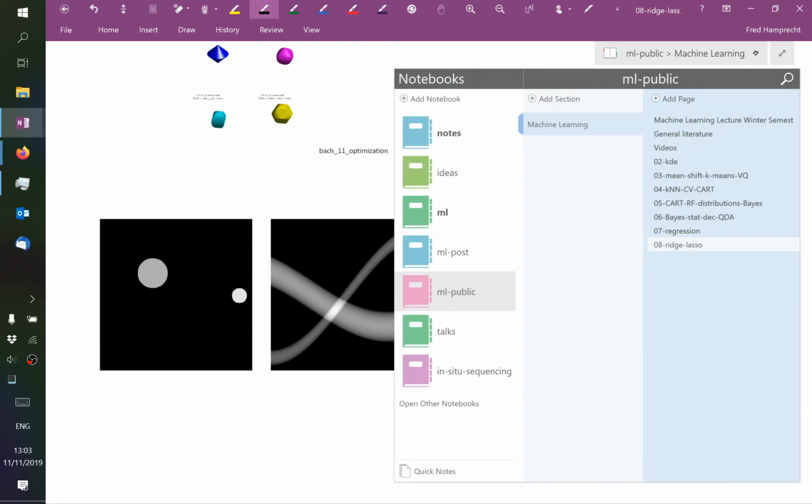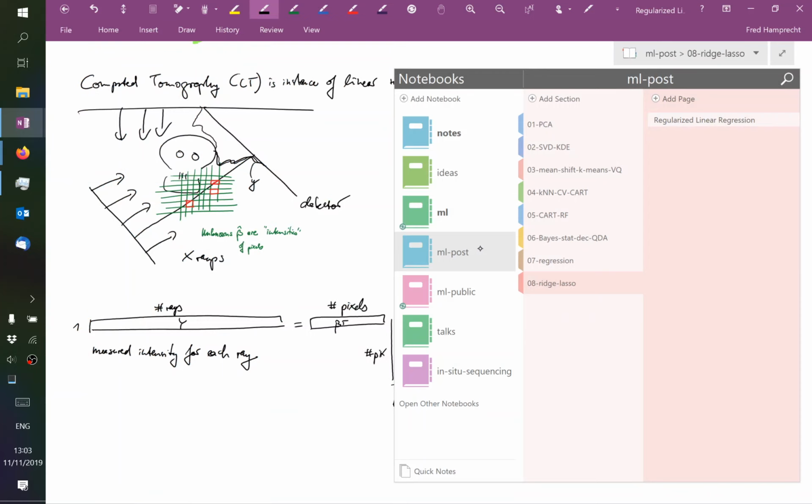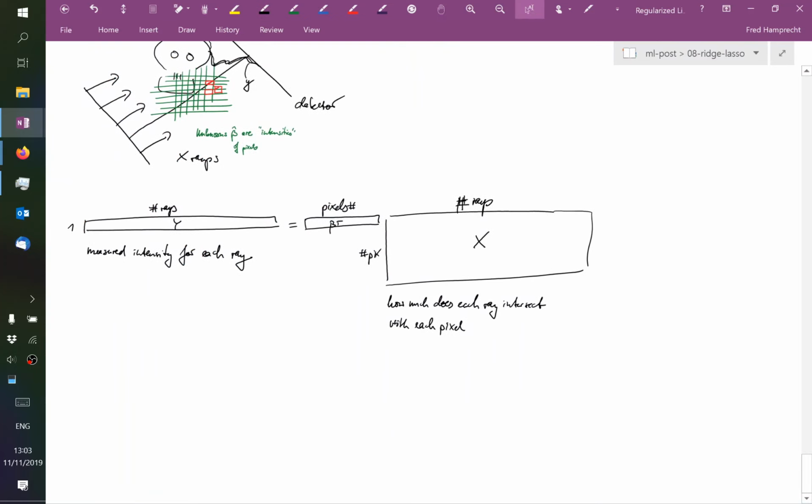And your task will be to solve this linear system for beta hat. So Y will be given, X will be given to you because we know the geometry of our X-ray system, and you will compute beta hat. This is what's wanted, and you can try with ordinary least squares, but you will fail. And then you can use some of the regression techniques that we've seen today.